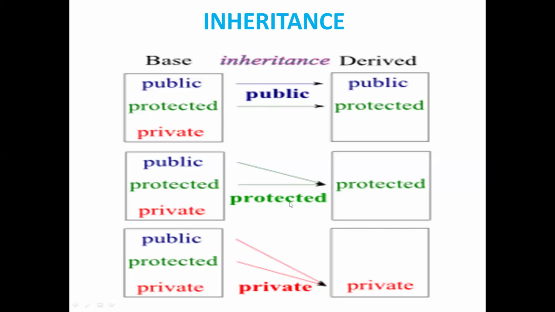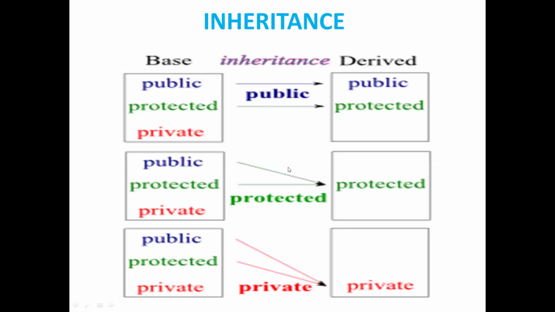If we use the protected keyword while using inheritance, then both the public and the protected properties of a base class will go into the protected section of the derived class. And similarly, if we use the private keyword while inheriting the properties of the base class, the private data we can never inherit, but the public and protected data of a base class will enter into the private section.